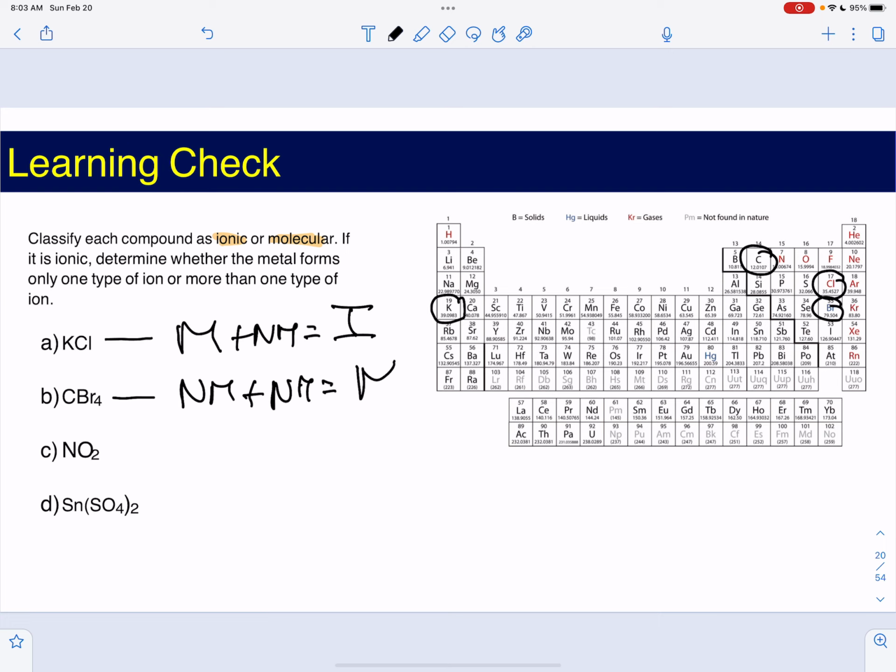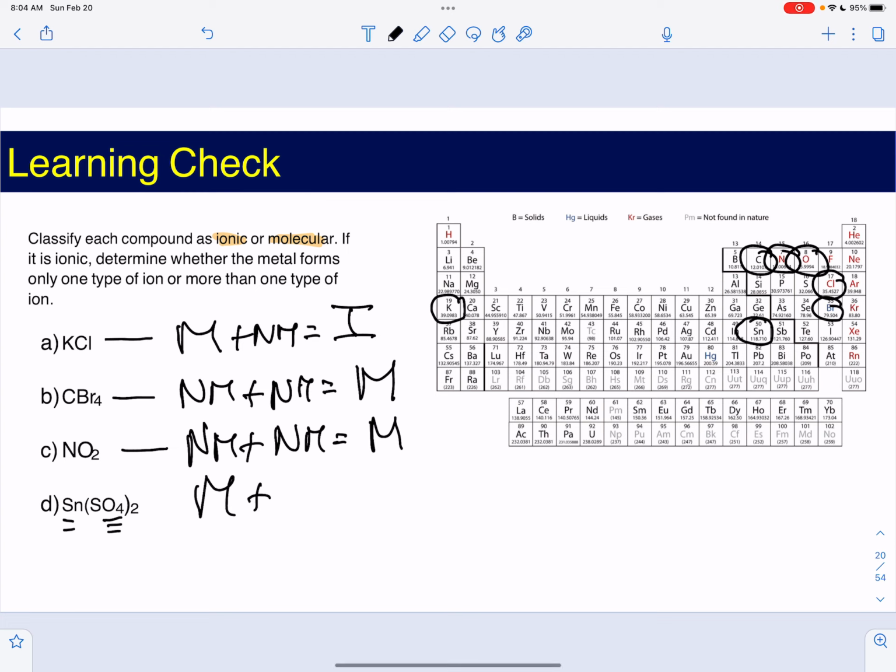Therefore, molecular. This one has nitrogen, which is a non-metal, combined with oxygen, which is a non-metal. Therefore, molecular.